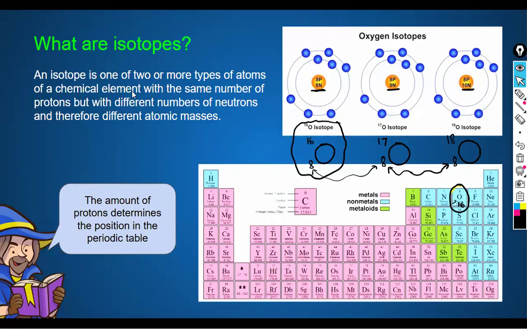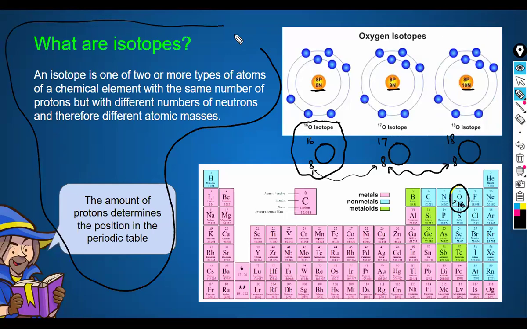Right, so I hope you all understand what an isotope is. An isotope is the same element. They have the same amount of protons, but because they have a different amount of neutrons, they are considered to be slightly different from each other. Right? Take down this.